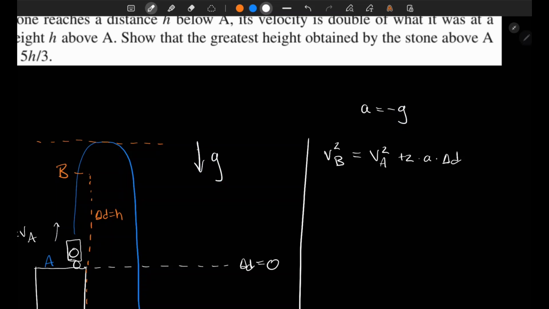Okay, and at point B, we also know that delta d at point B is equal to h. And moreover, that delta d at point C is equal to negative h.